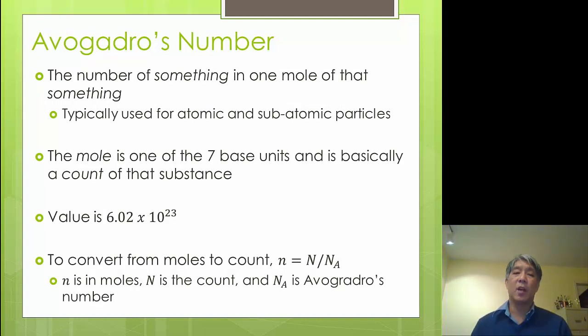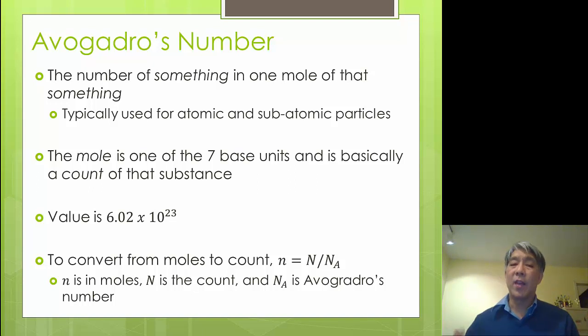So that brings me to Avogadro's number. Avogadro's number is basically a count of one mole of a substance. Normally we only use it for atomic and subatomic particles because the number is really, really large. Avogadro's number is 6.02 times 10 to the 23rd.